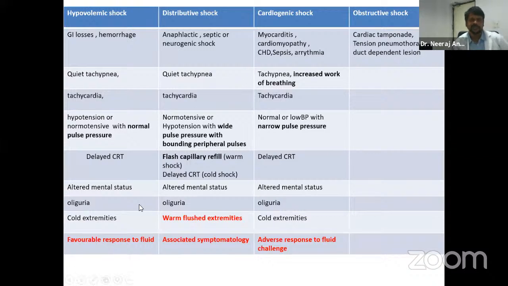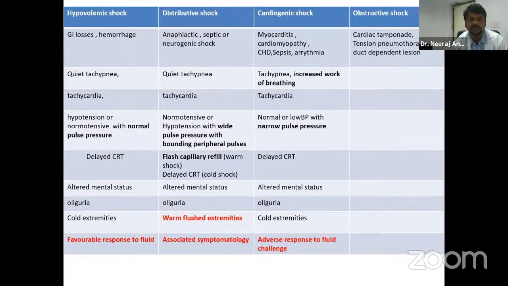Now, how do we differentiate clinically between different types of shock? On the basis of history, if the patient has a history of GI losses, such as diarrhea and vomiting, or a history of hemorrhage, then the patient might be in hypovolemic shock. If the patient has a history of anaphylaxis, or any infectious focus in the body, such as pneumonia or UTI, and is presenting with shock, then the patient might be in septic shock.